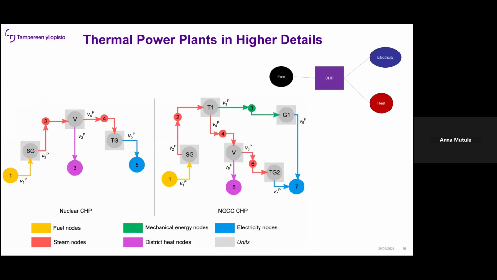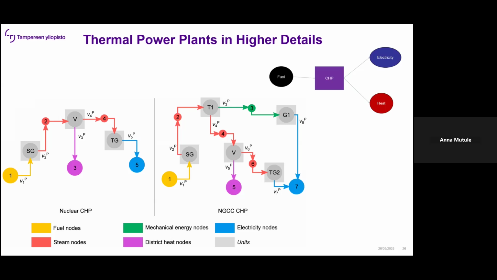And this slide shows how flexible combined heat and power, or CHP, technologies are represented within the Backbone modeling framework using a node unit structure. On the left, you see a nuclear CHP system. On the right, a natural gas combined cycle CHP plant.